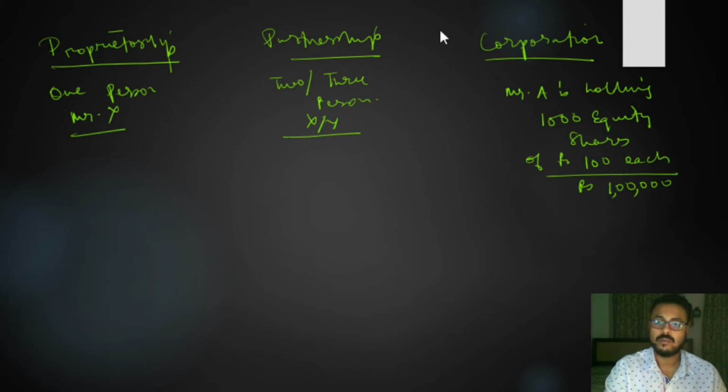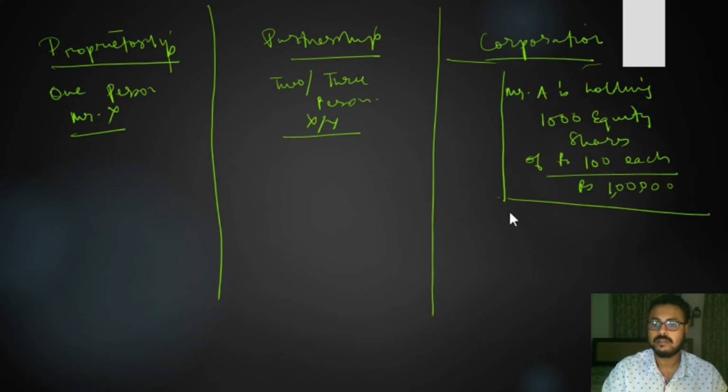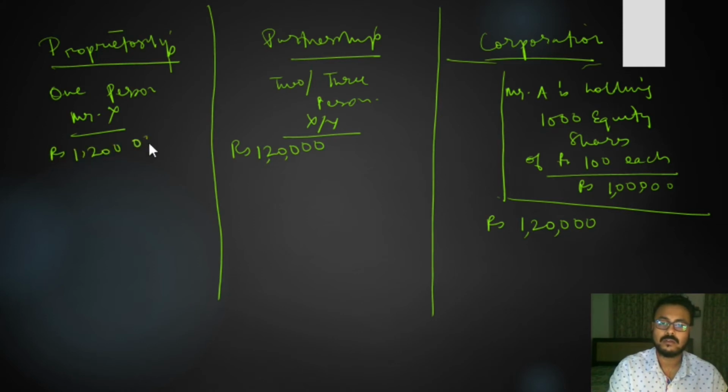Now, I am explaining to you what is limited and unlimited liability. Say suppose creditors are owed rupees 1,20,000. Here also it is the same, creditors are owed rupees 1,20,000.